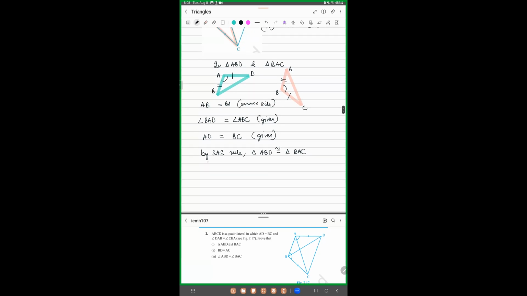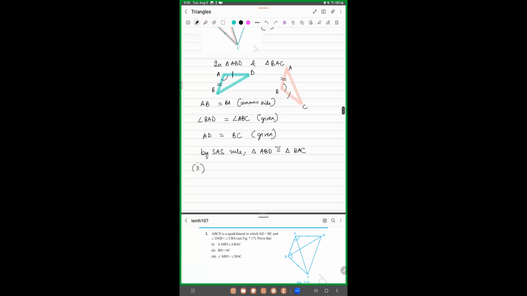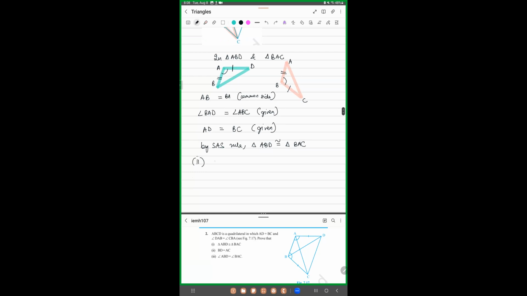Now, the next part of the question, you have to prove that BD is equal to AC, which means this side is equal to this side. Well, obviously, if these two triangles are congruent, then all the parts of the triangles will be equal.